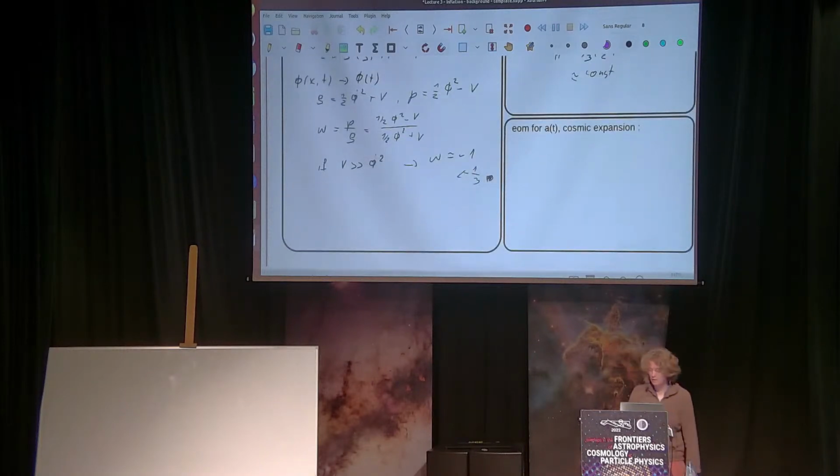So what does this mean for the scale factor? If you recall the Friedmann equation, H is a dot over a, and H squared is 1/3 times rho, which is in particular constant, as we saw above, in the case that omega is -1. So we can just solve a dot over a equals constant, and we get a of t, the scale factor as a function of time, proportional to e to the H times t, where H is approximately constant.